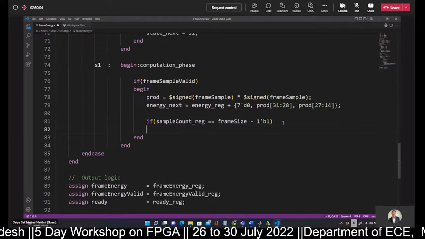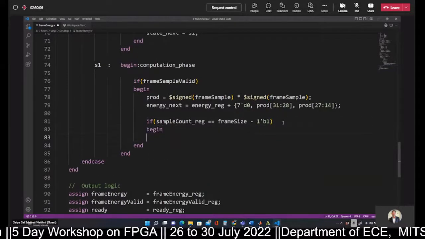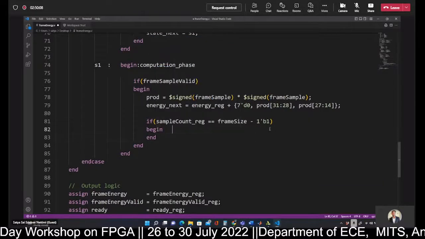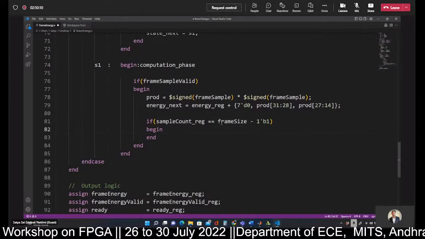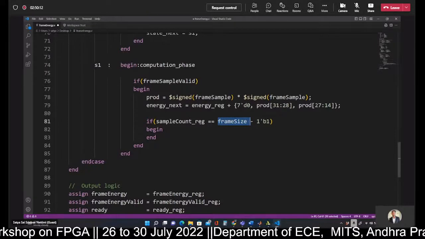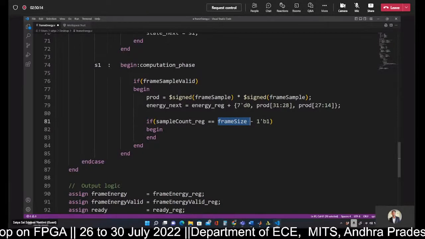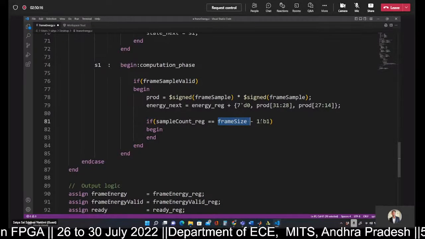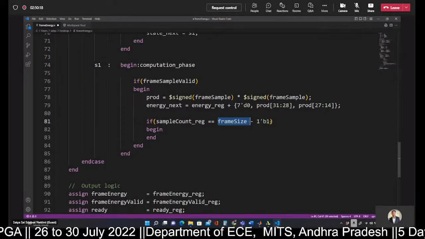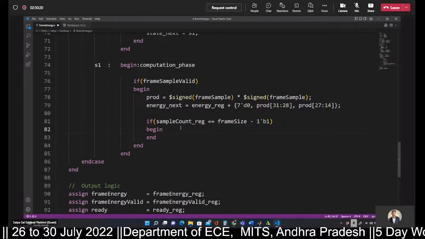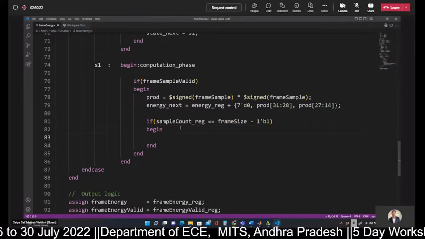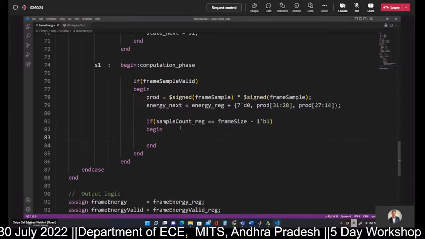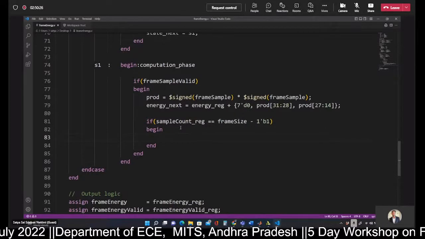Then what does it have to do? If the value in the count register reaches frame size minus 1, that is an indication that it has processed all the samples with respect to the given frame size.